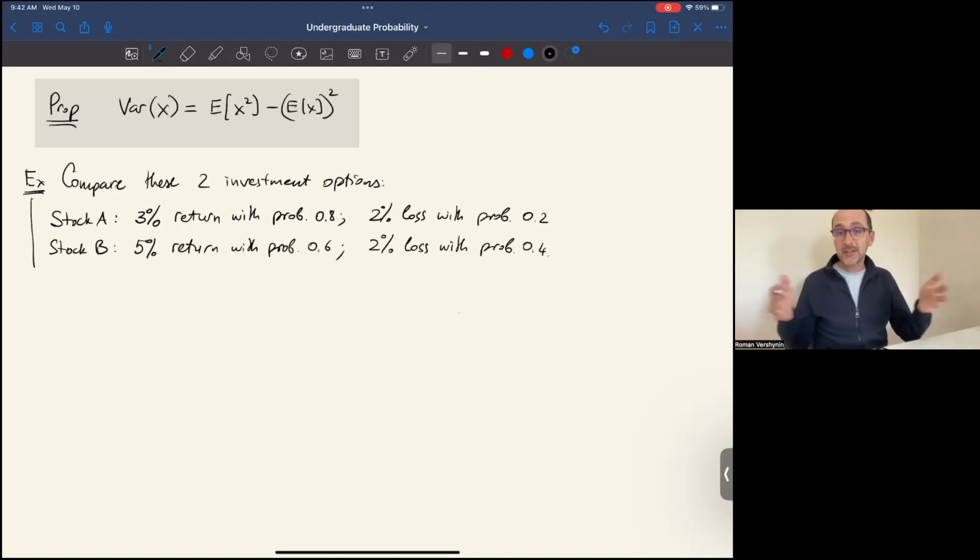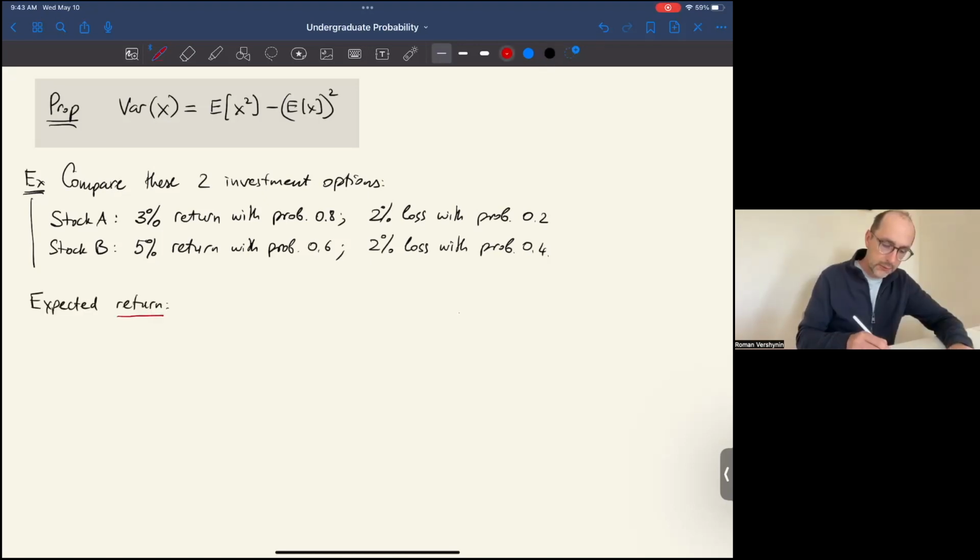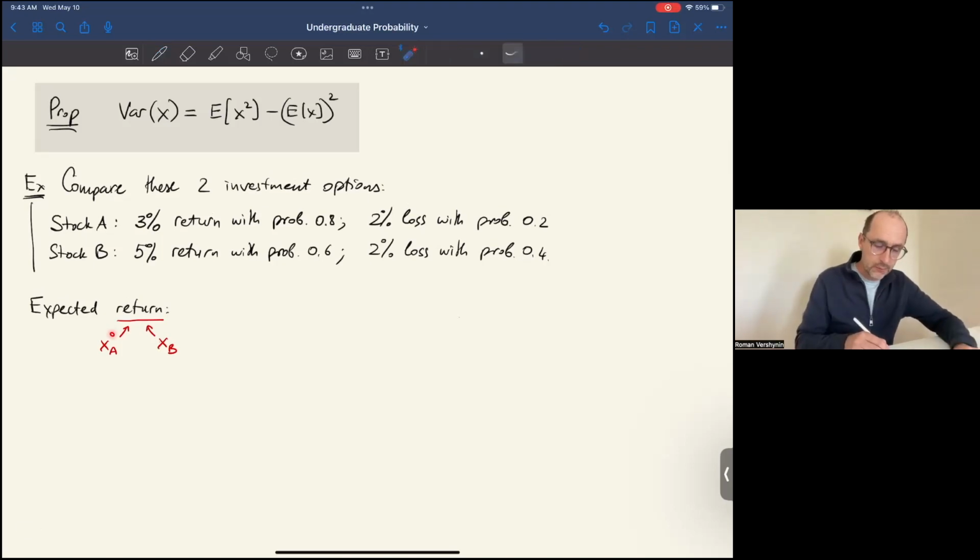Let's compute the expected return in each stock and see which is larger. Let's call return XA for stock A and XB for stock B. These are random variables because we can't see the future. Now, return for stock A, XA, takes value 3% with probability 0.8 and minus 2 with probability 0.2.